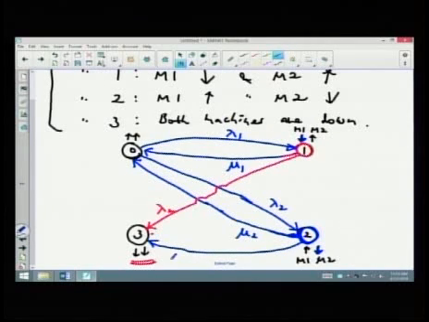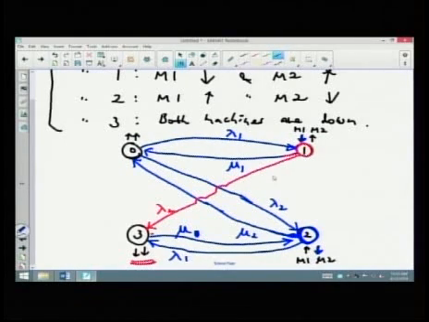That's going to be lambda 1, right? And then, what about this then? That's going to be mu1, right? That is the repair rate for machine number 1. Okay?